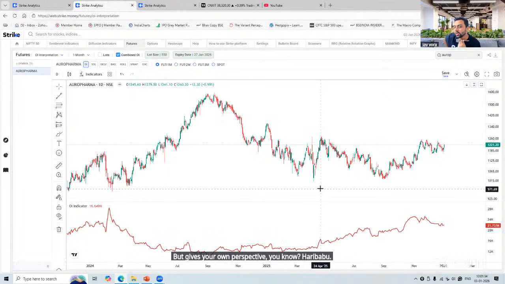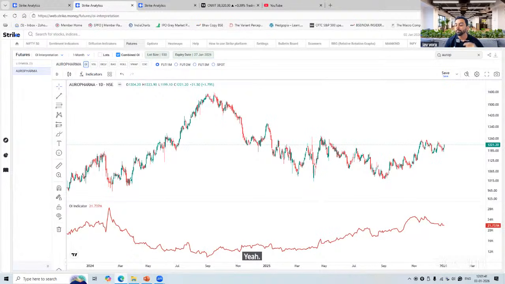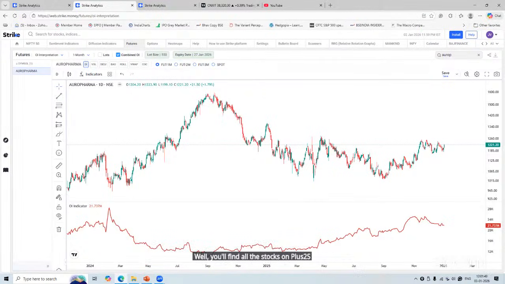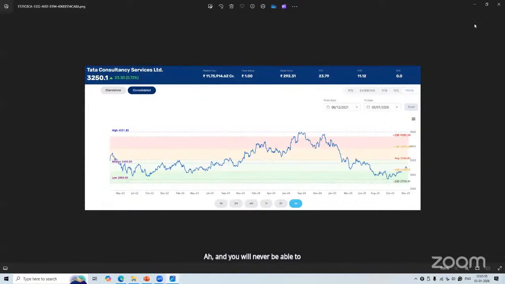It doesn't make sense plotting standard deviations on price, because prices are always going up, correct? I hope you would agree with that. You will find all the stocks at plus 2 SD and you will find them bearish then, and you will never be able to participate that way. That is a very wrong way of displaying standard deviations on price.